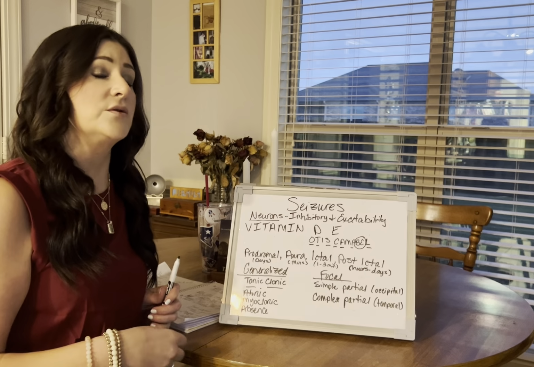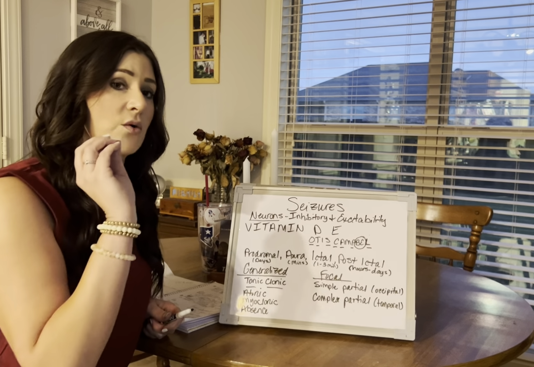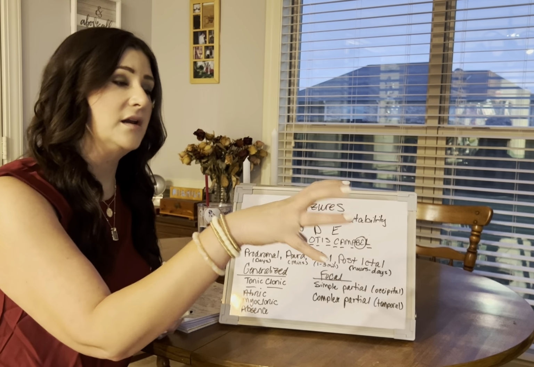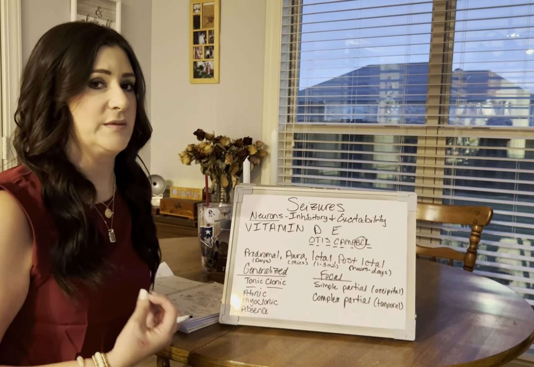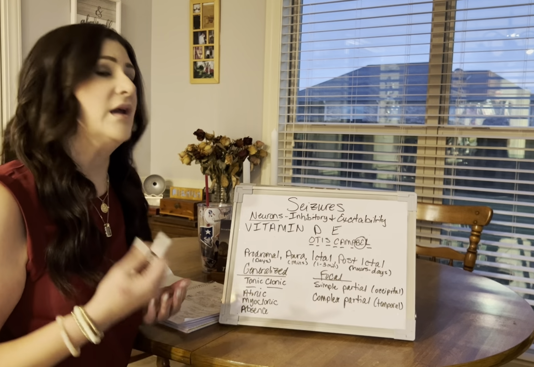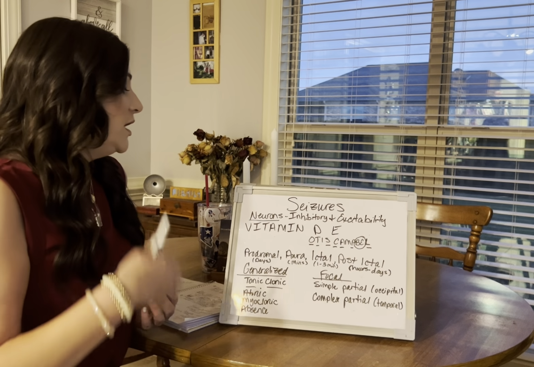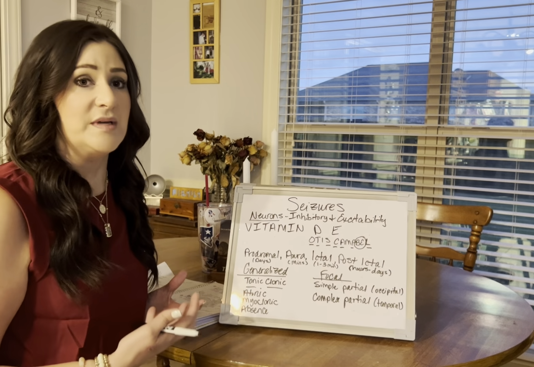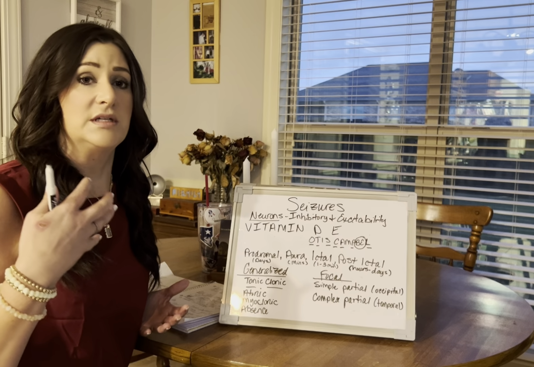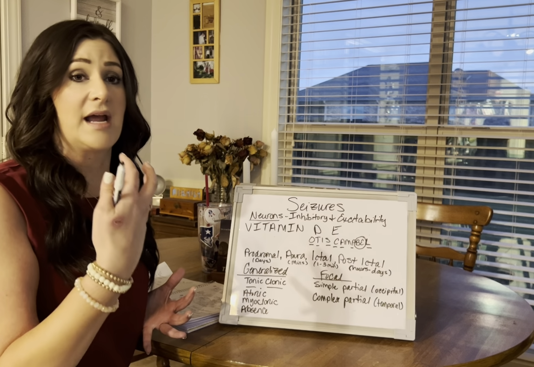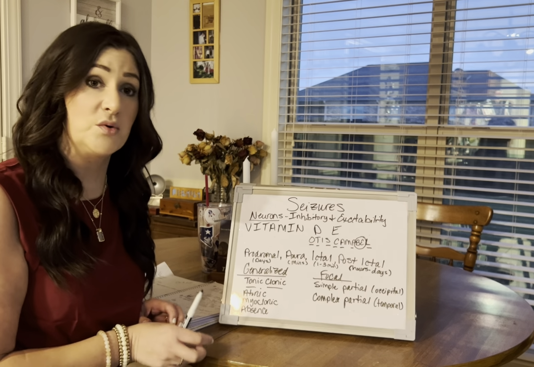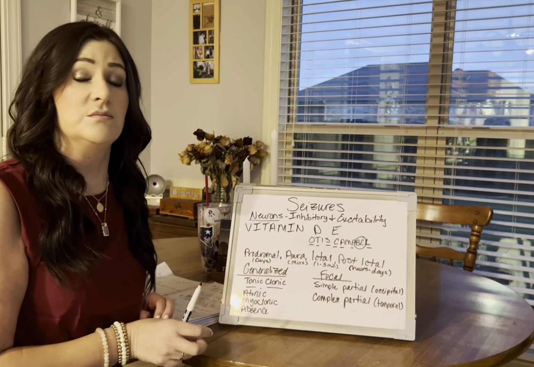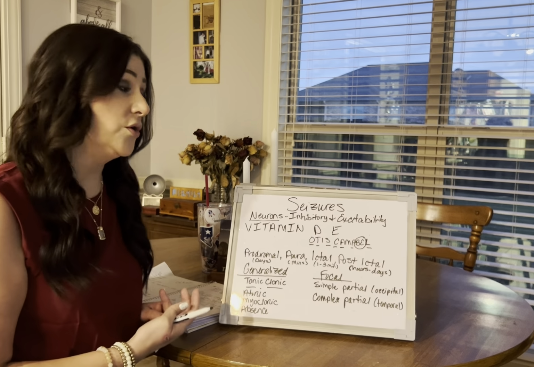So there's either excess glutamate being secreted, or a lack of GABA, that inhibitory neurotransmitter being secreted. So there's an imbalance between those two. That turns into an area of focus within the brain that becomes hyperexcitable, and then seizure activity is the result.